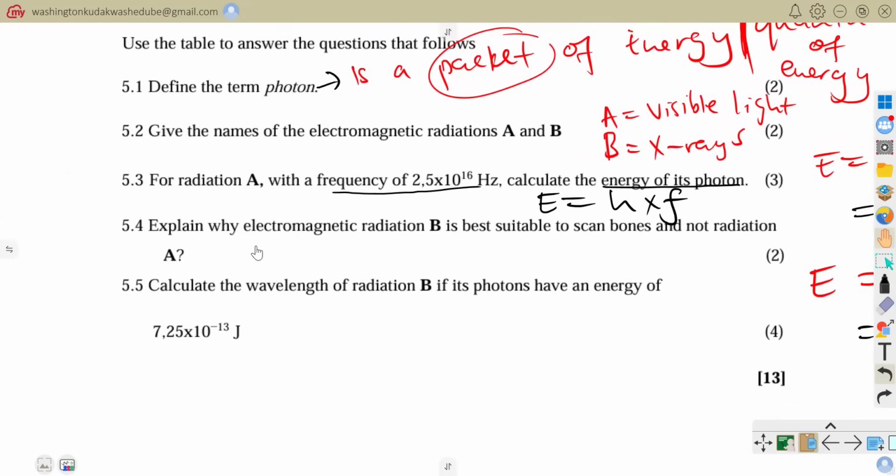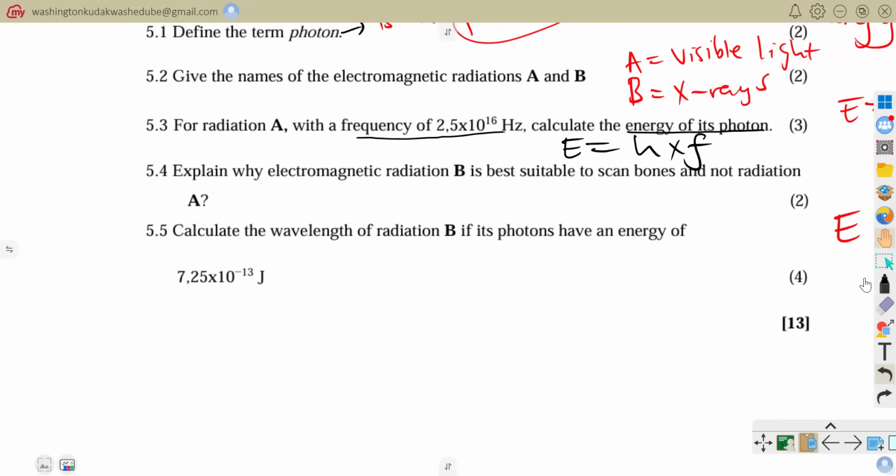Now they're saying, explain why electromagnetic radiation B is best suitable for scanning bones and not radiation A. And we said radiation A is visible light, radiation B is X-rays.